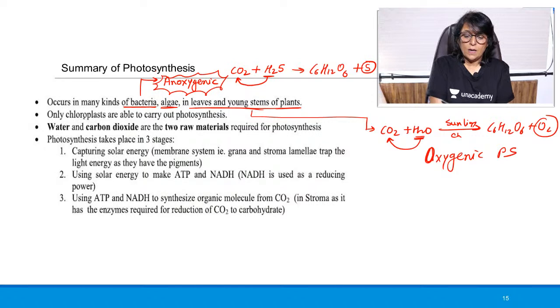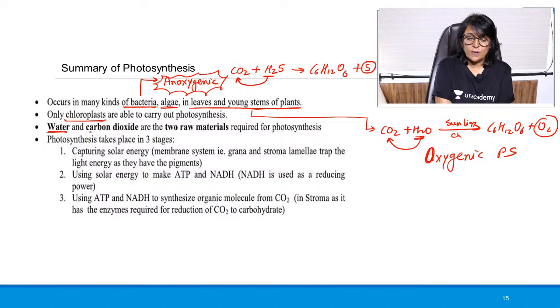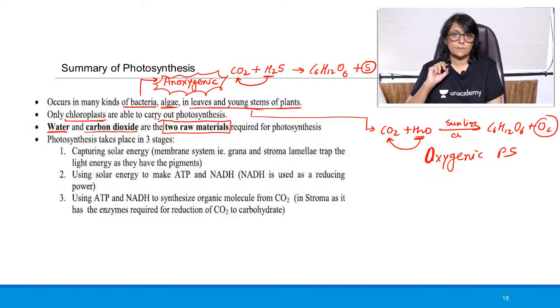Now, chloroplasts are able to carry out this because whatever is required, the enzymes, the pigments and everything, is present in chloroplast. Water and carbon dioxide are the two raw materials.